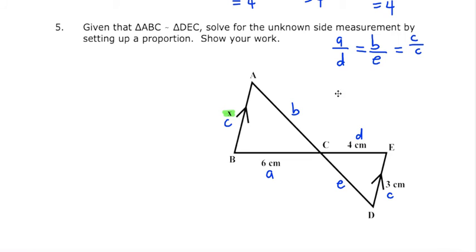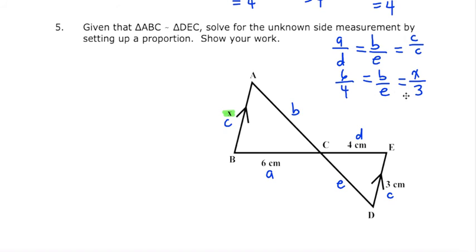So let's plug in the numbers that I know. So A is 6, D is 4. B, I still don't know what that is, and I don't know what E is either. I know that the C from my larger one is X, and I know that the C from my smaller one is 3. So now these are the three proportions that I want to do.